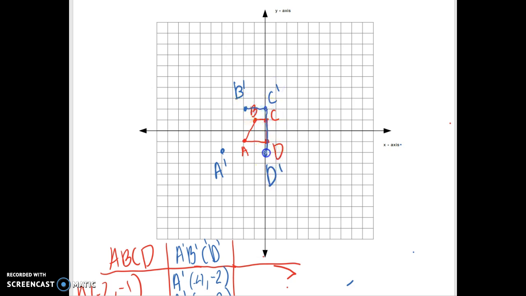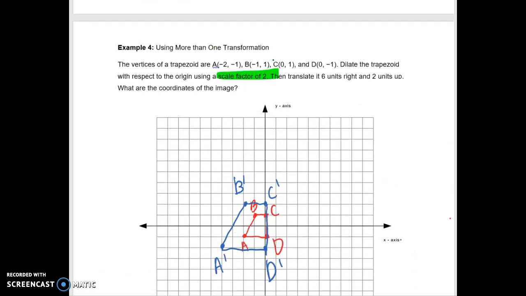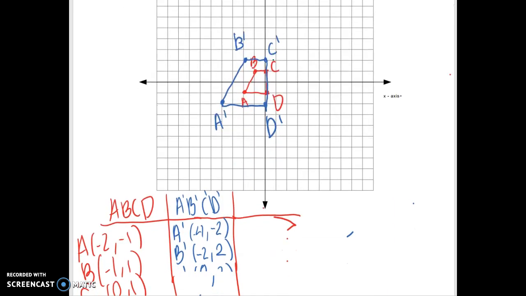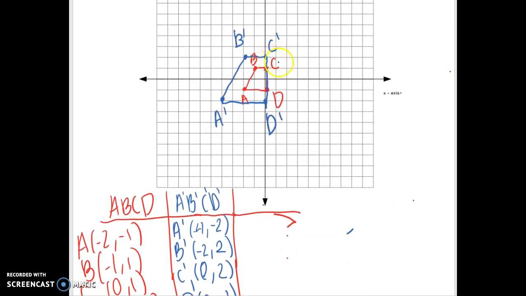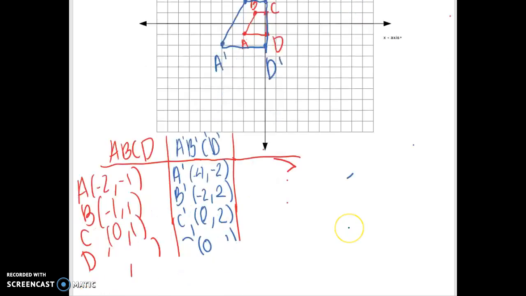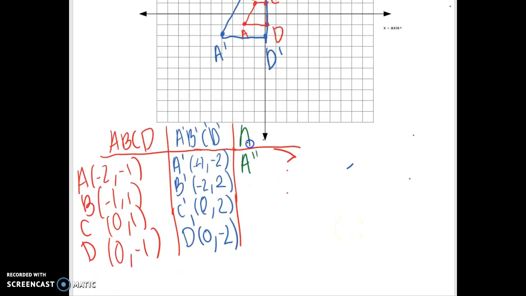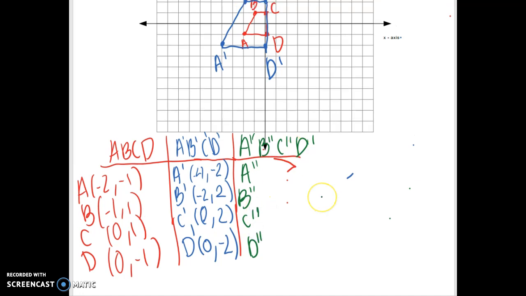So my blue is my dilated image. It got larger, so this is an enlargement. And then my last one says to translate 6 right and 2 up. So I'm going to move this 6 right, 1, 2, 3, 4, 5, 6, and then 2 up. And as I'm doing this, I'm just going to go ahead and write the points in as I go.